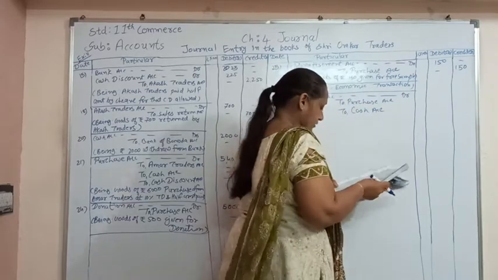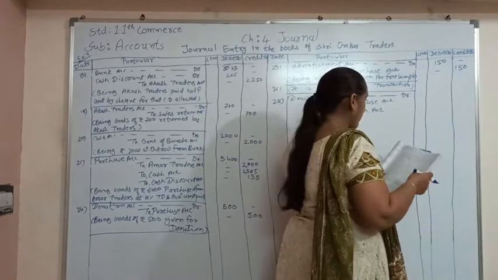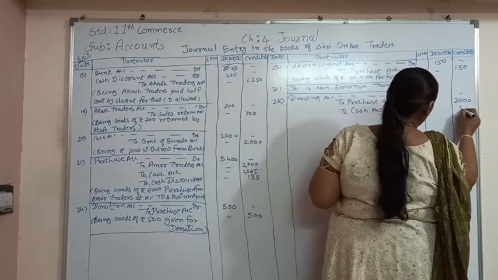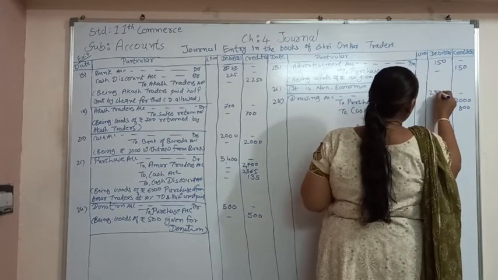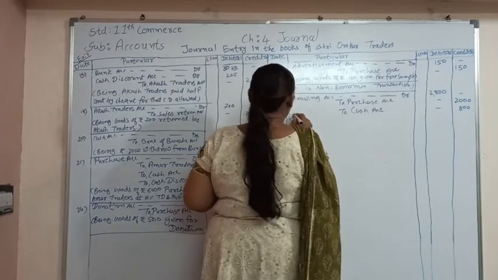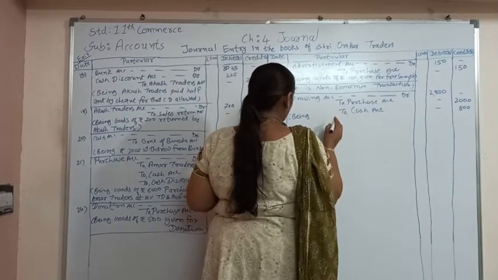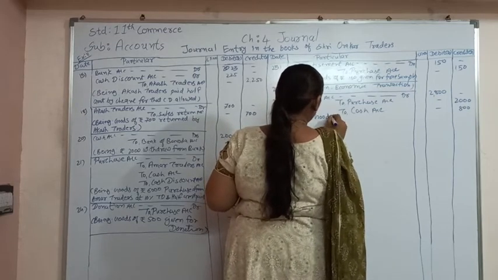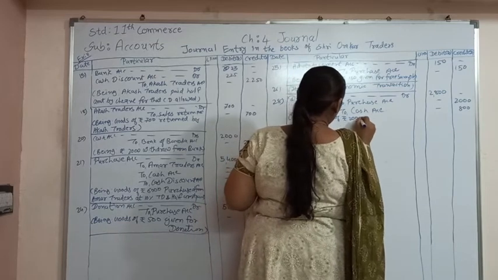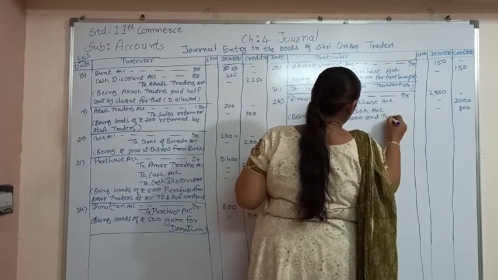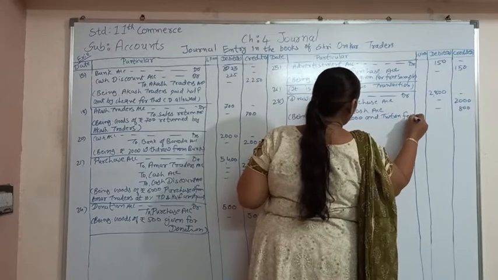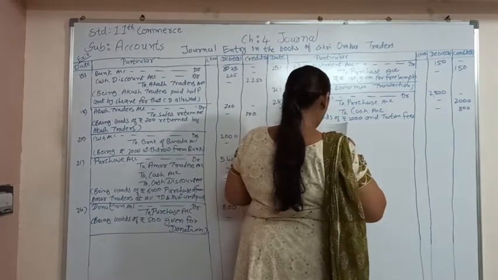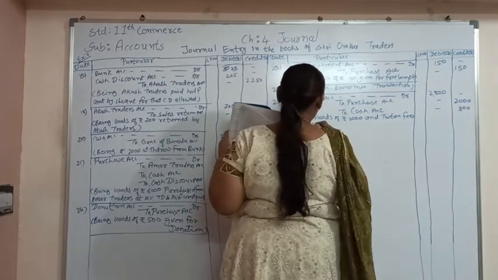Here, as we know that the withdrawal of goods is rupees 2,000 and tuition fee is of 800. So total of that will be 2,800 will be drawing. Being goods of rupees 2,000 and tuition fee of rupees 800 withdrawn from business.